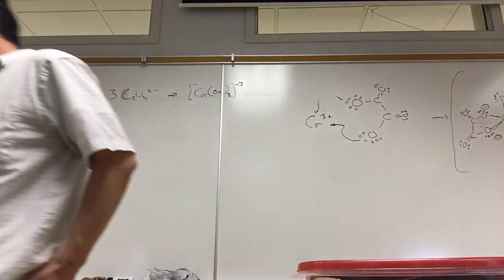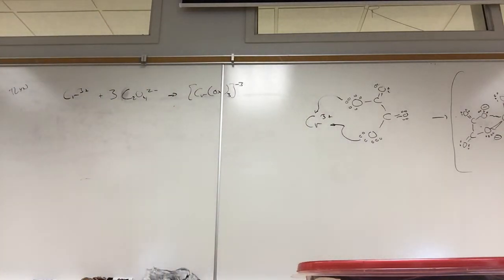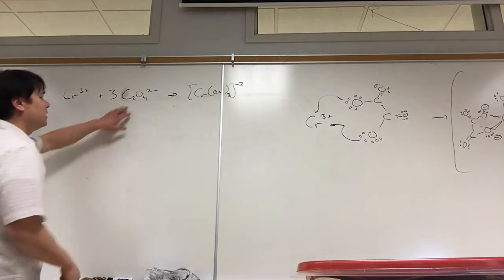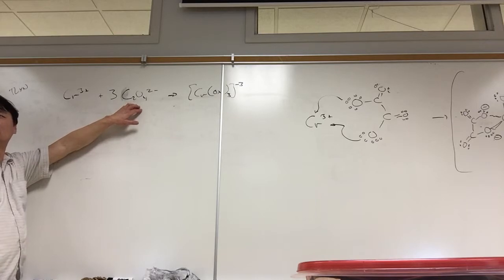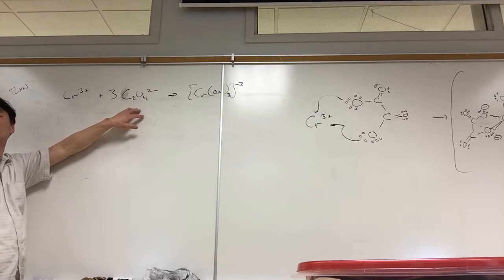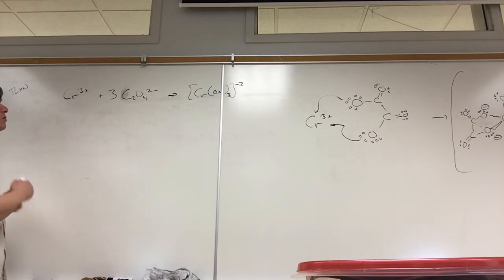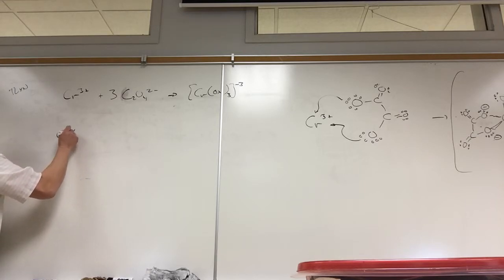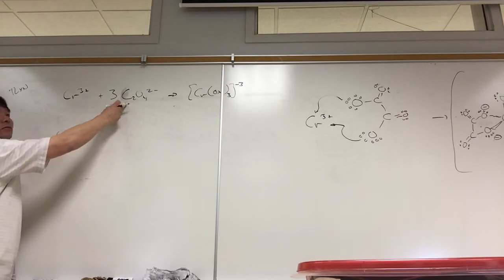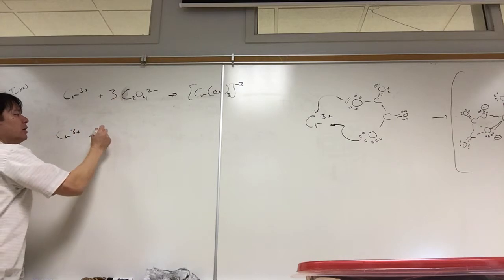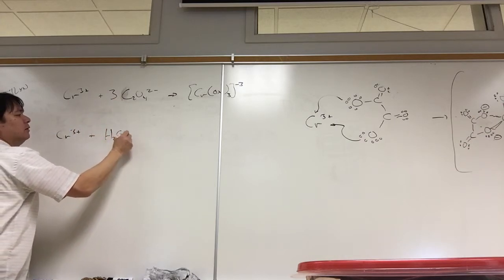Oh, I didn't talk about one thing. What about all that excess oxalic acid? What's happening with that? Oxalic acid contains oxalate, and so this reaction can happen right away. Chromium 3 doesn't have to react with potassium oxalate. It could also react with oxalic acid.